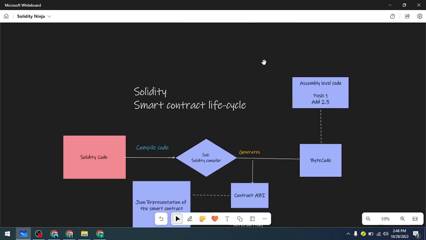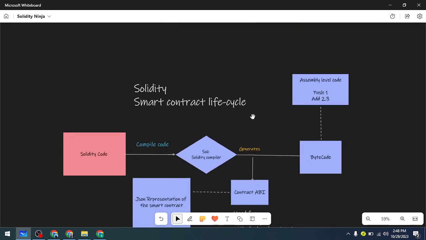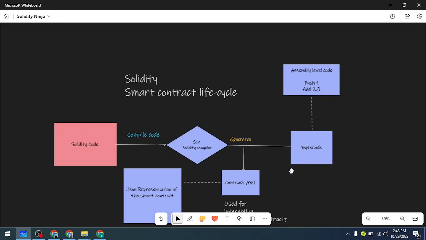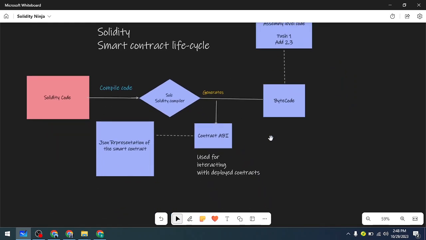Now, coming again to the Solidity smart contract lifecycle. When we write our Solidity code, it compiles down with the Solidity compiler to two things. One is the contract ABI, which is actually the JSON representation of the smart contract.